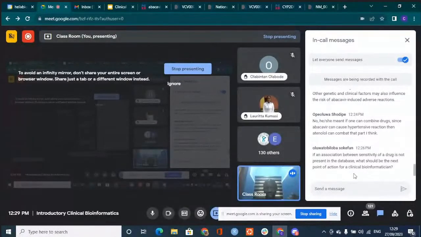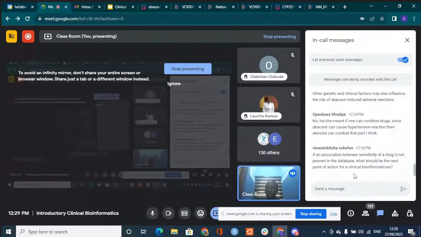Maybe the variant is novel and nothing has been reported about it before. So this is going to be an ongoing research process. That means the research is still ongoing. You need to do some other research to really benchmark if this variant ID is associated with this condition.